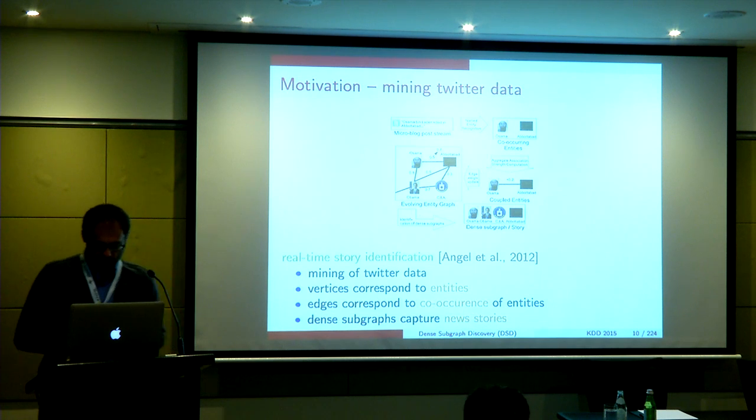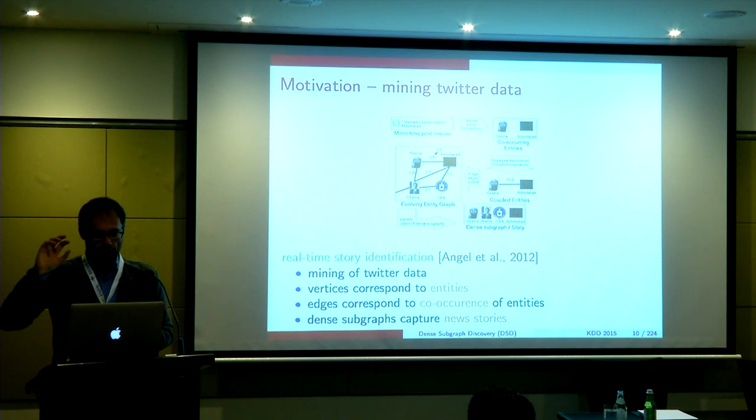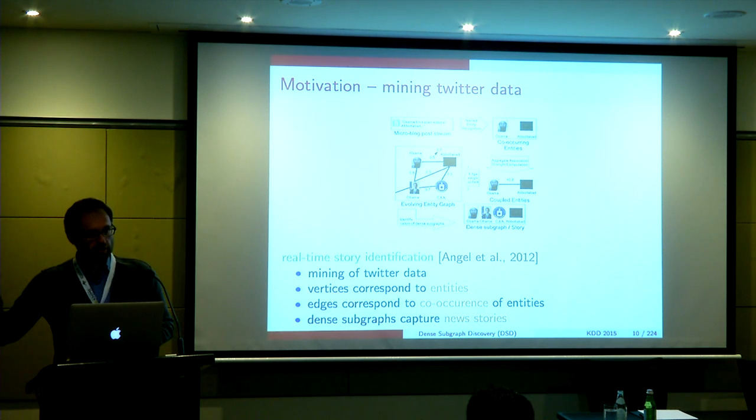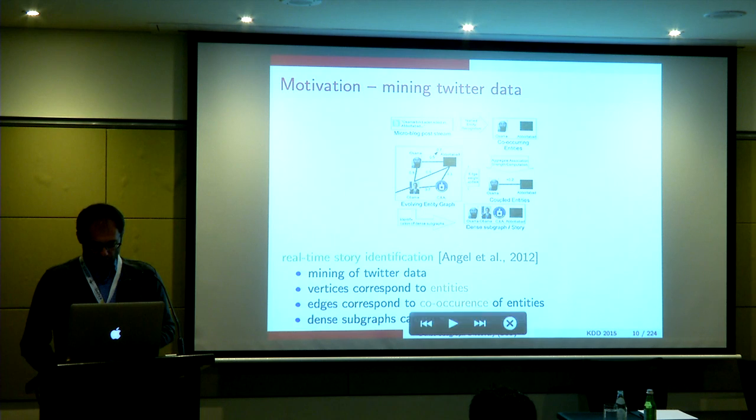So there was a recent, 2012 paper that studied the concept of finding these stories. The way they did it was that they take tweets and extract some entities. In that case, they had a situation like Obama and the raid that happened by the US military and so on.